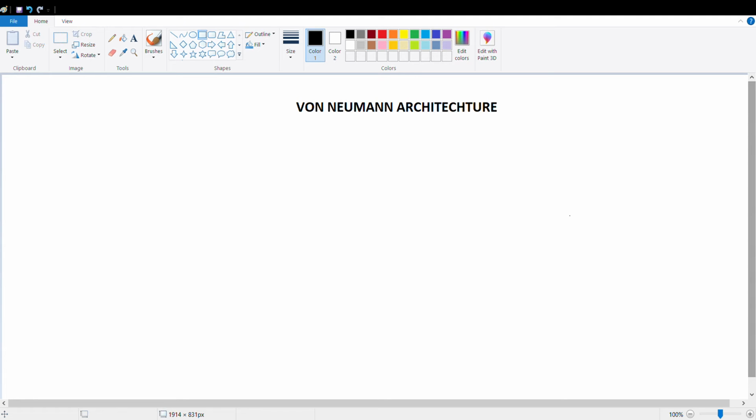And in this von Neumann architecture, let's see how the architecture is designed, and for that there are a few features in the von Neumann architecture. The first thing is there will be only a single shared memory, so let's first draw that single shared memory, and there will be two bus lines.